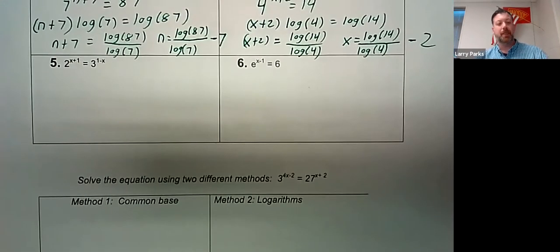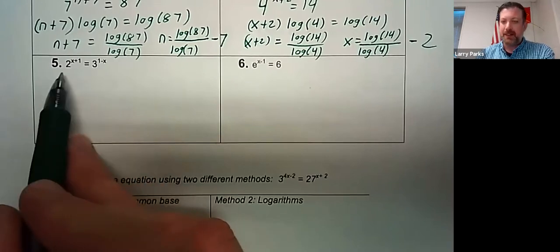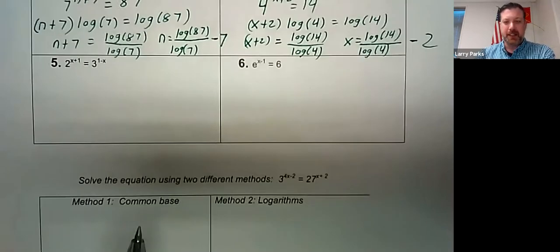Example 5. 2 and 3 can't be written as the same base, so I take the log of both sides. That brings down the exponent. I'll show this as 2 steps this time.